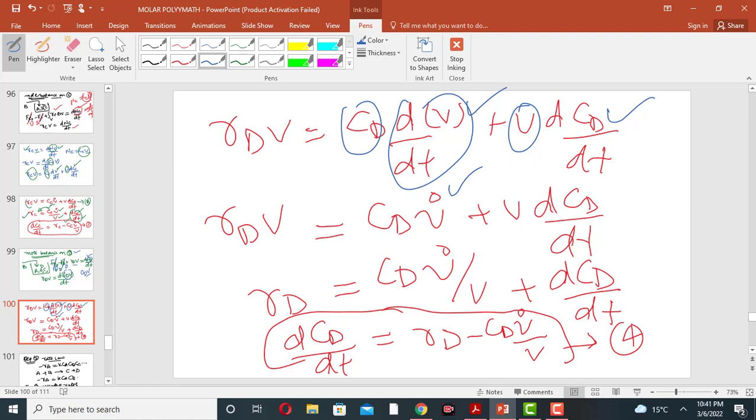Now divide this equation by V, suppose equation number C. So we will get RD is equal to CD into volumetric flow rate divided by volume of the reactor, plus the change in concentration of component D with the passage of time.